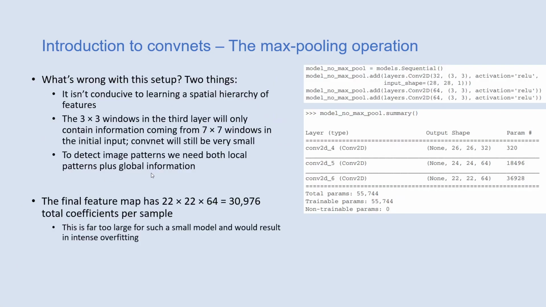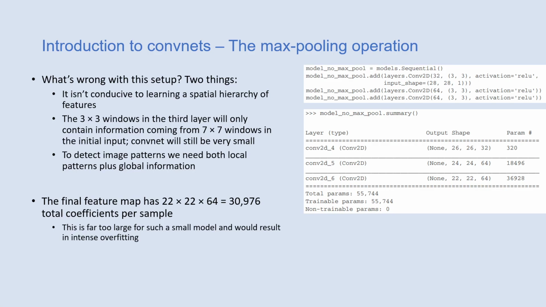Okay, so the author mentioned a few problems with this. The biggest one is that when we want to detect an object in an image, it's not just detecting local patterns. So if there's no max pooling, the convolution is going to do everything locally. For example, if you want to detect the face of a cat, you want to know the ear is in one place, the mouth is in another place, so you want to detect this globally.